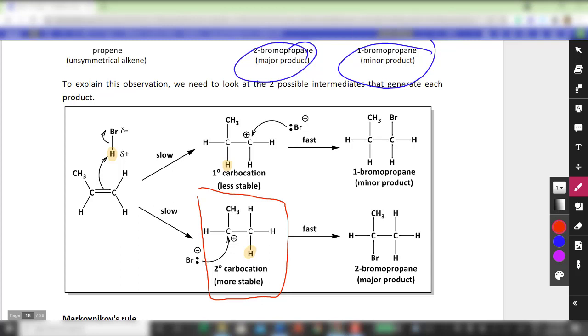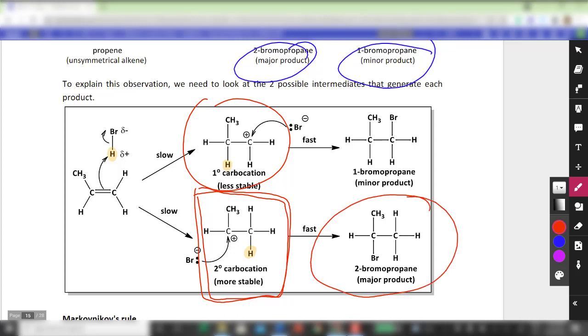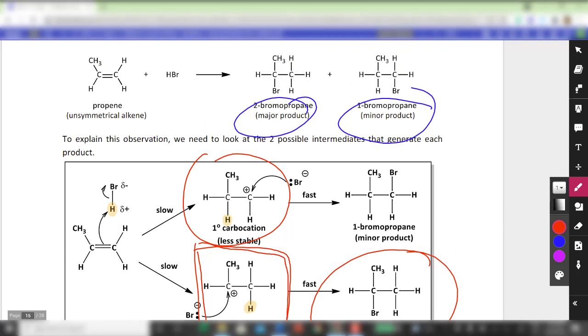So the activation barrier leading to the secondary carbocation should be lower. So it will be formed in preference to the primary carbocation, and because it's formed in preference, more of it will be formed, and then the bromide will undergo a nucleophilic attack on the secondary carbocation to give you the final product. So 2-bromopropane will end up as the major product. Okay, so 1-bromopropane will end up as the minor product.